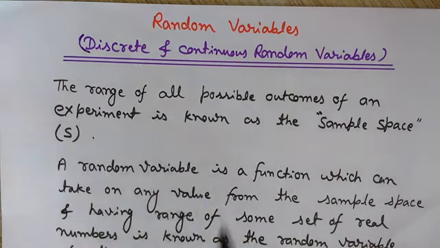So whenever we perform any experiment, suppose we are tossing 3 coins at the same time. This is the experiment. Then we may have heads or tails on any of these coins.